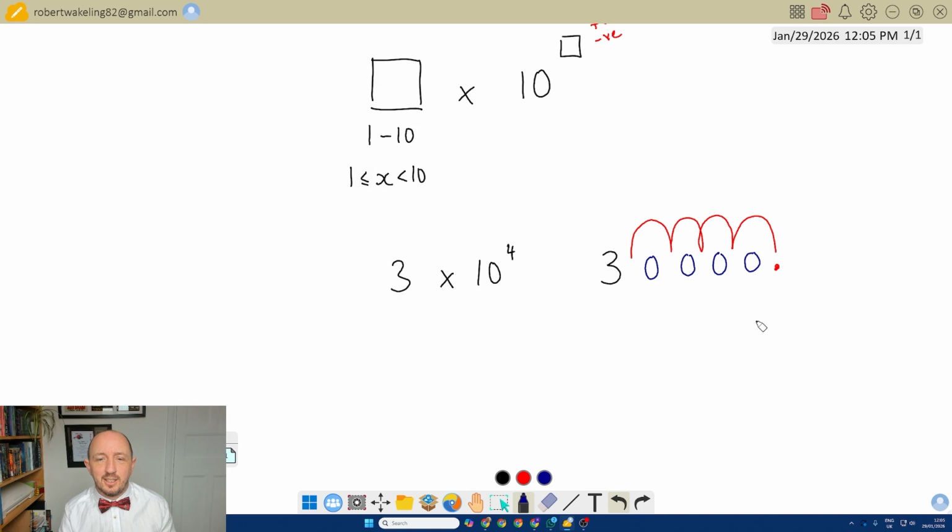Okay. So a lot of students will say, oh, I could just add 4 zeros on the end, which is true if you have a whole number here. As soon as you have a decimal, that rule goes out the window. So try to think of it in terms of moving the decimal point. As an example, 3.25 times 10 to the power of 3.